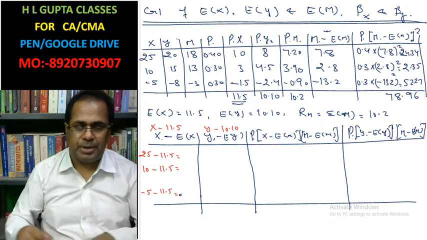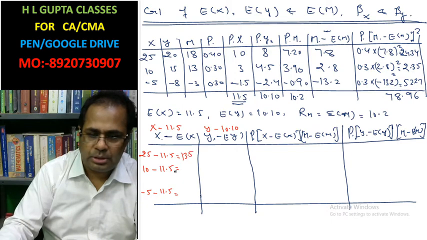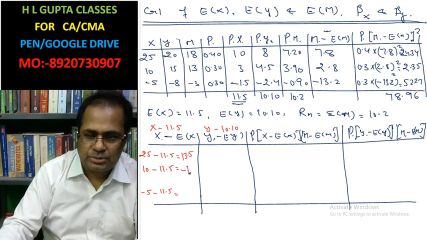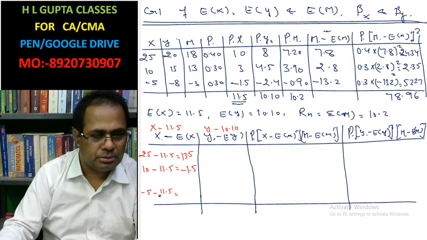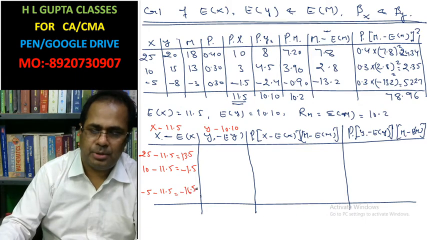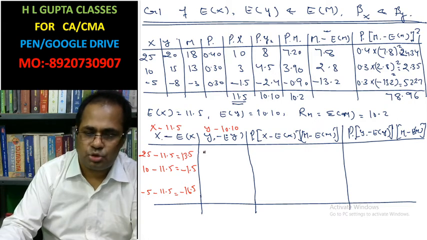X minus this, minus, that is 13.5. This is minus 1.5. This is 16.5, minus 16.5. In this case, what will happen? Y is 20.